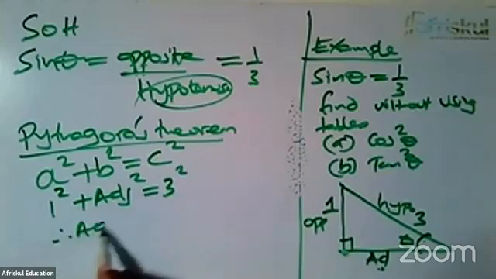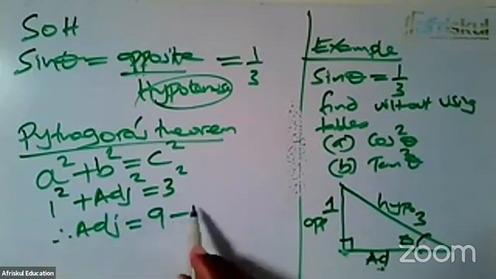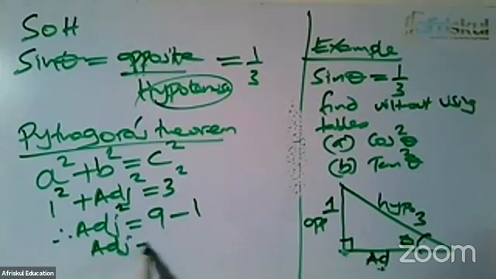Meaning that adjacent squared will be equal to 9 minus 1, which is 8. So the adjacent equals root 8. So I've been able to show you how to apply the Pythagoras theorem.